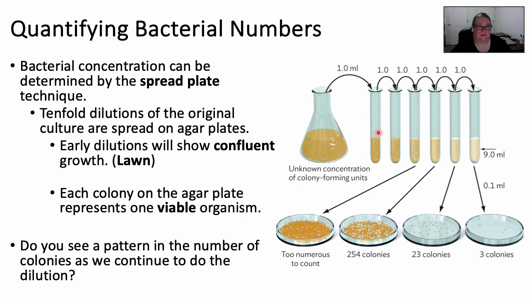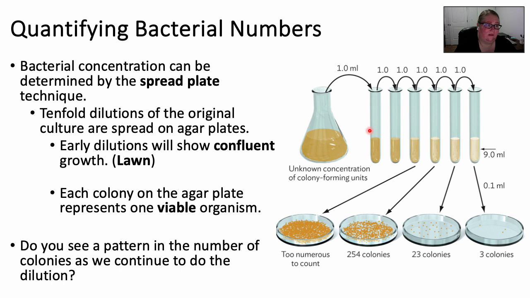So we'll take 1 milliliter after we've done the dilution, and we're going to plate it on the agar plate, and we're going to grow it and see how many colonies we get. Now, our first dilution is going to be still pretty concentrated, right?